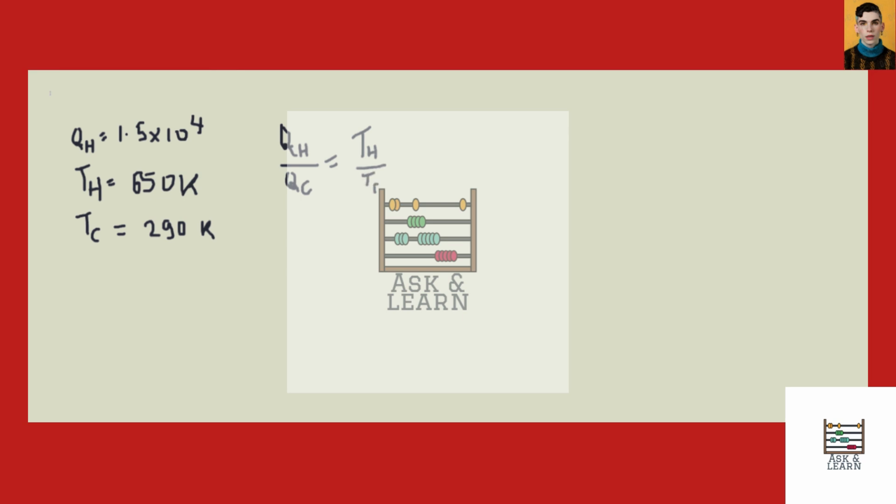Now putting in the values of QH, TH and TC, this gives me the heat that is thrown away in the cold reservoir, equal to 6692.3 joules of heat. So this much heat is thrown into the surrounding.